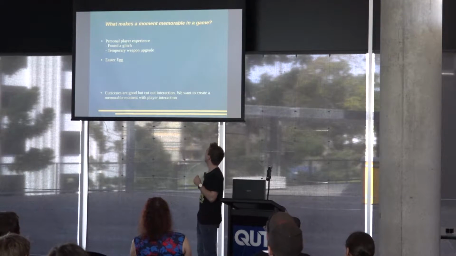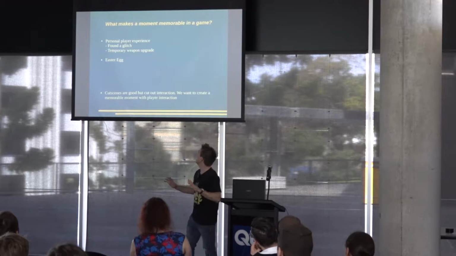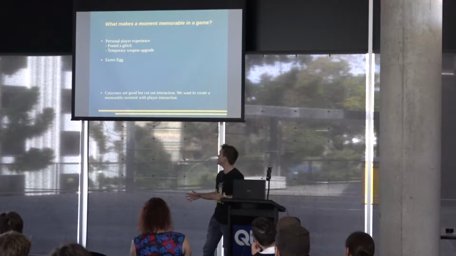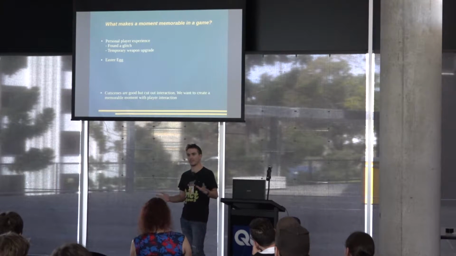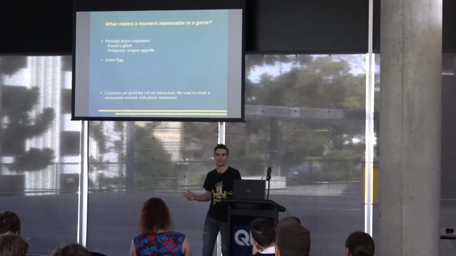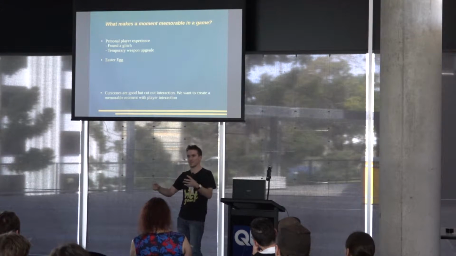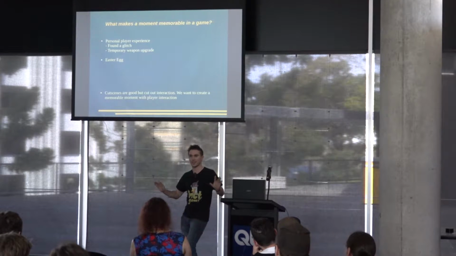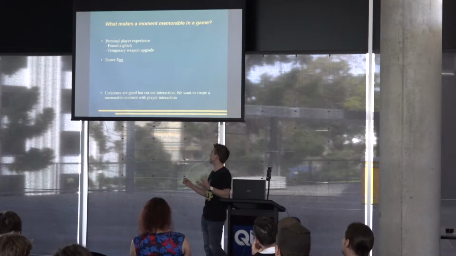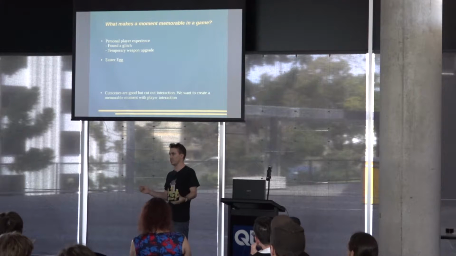All right, so what makes a moment memorable in a video game? A lot of people find a glitch or something. I don't know if anyone ever had a 64 and they used to deliberately take out the cartridge a bit and everything would go spastic. Maybe someone playing a game will find a glitch where your arms stretch.